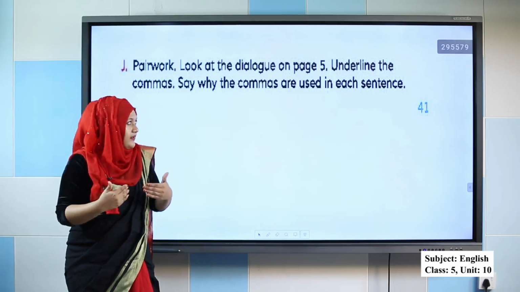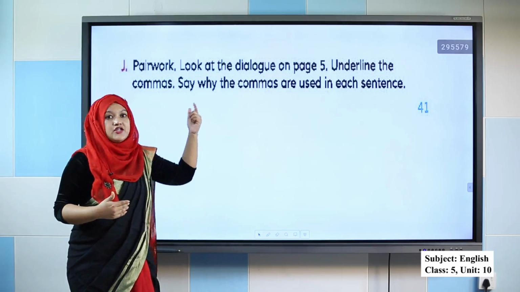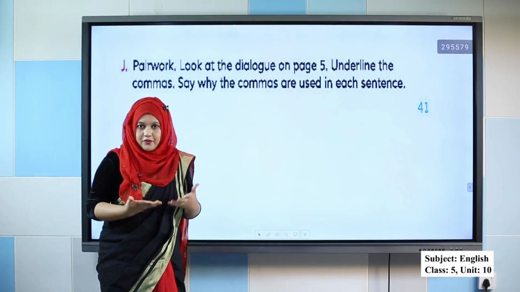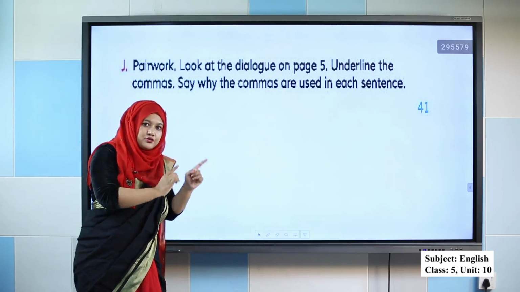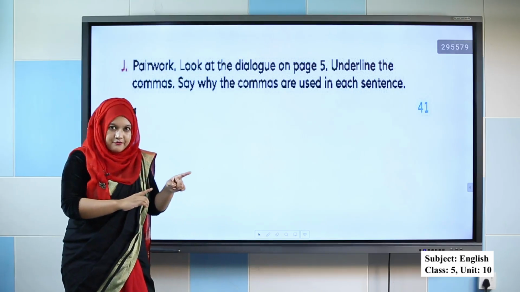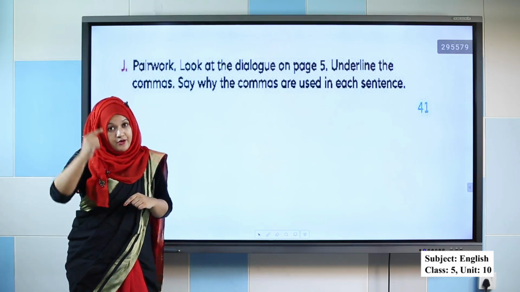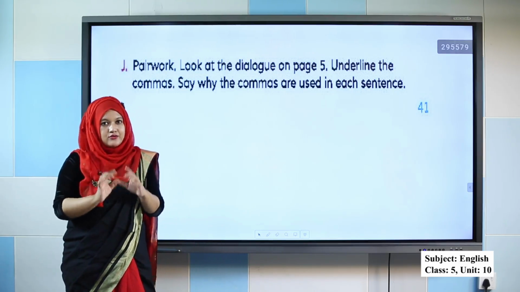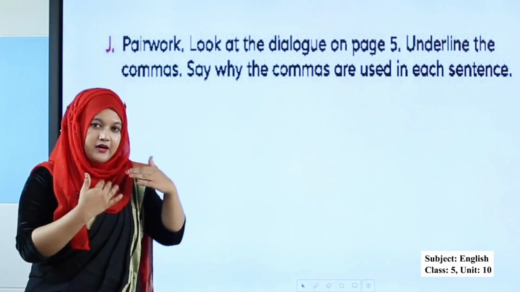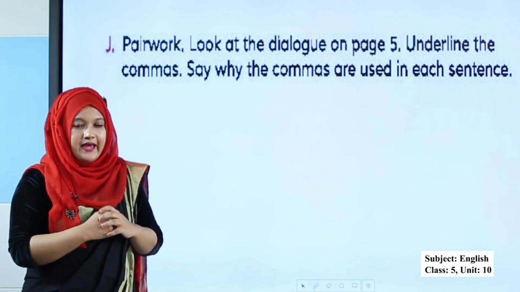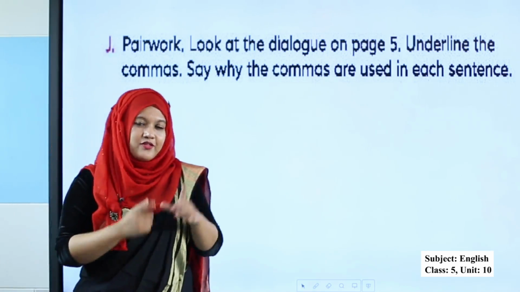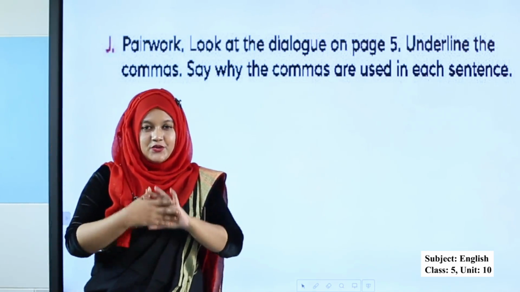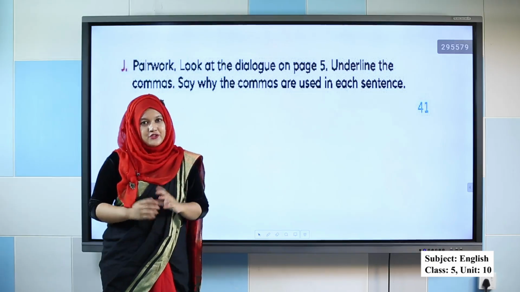Say why the commas are used in each sentence. So we should go to page 5 and read the dialogue very carefully and then count the commas used there and think why those commas are used. Okay, and you will get 2 minutes to do this.